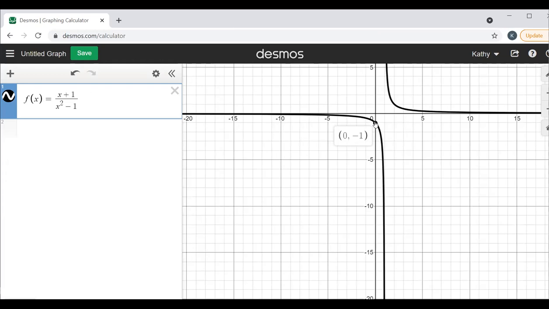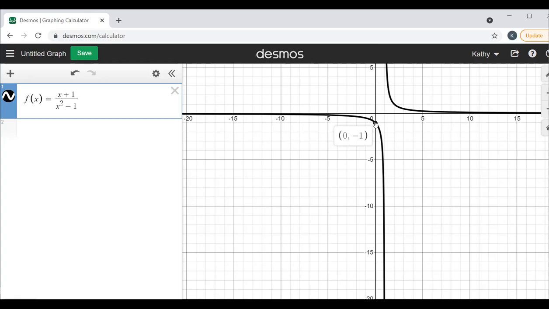It looks like it's going to be negative 1. If I draw a tangent line in there, it looks like it has a slope of negative 1. It goes down 1 over 1, down 1 over 1. Yeah, agreed?